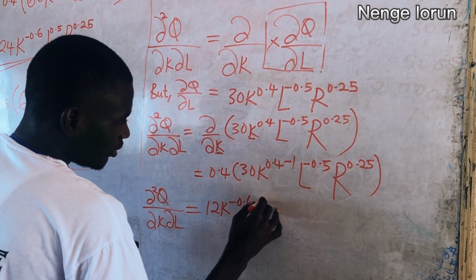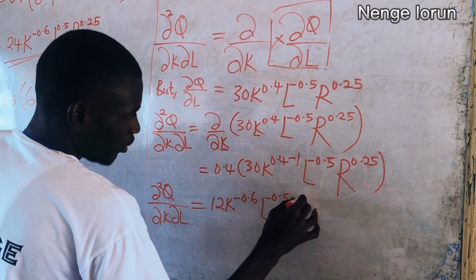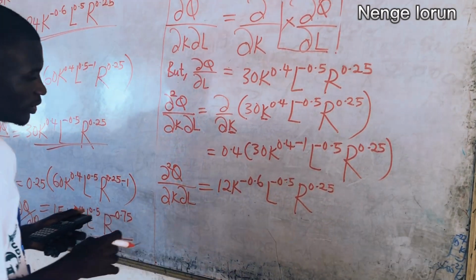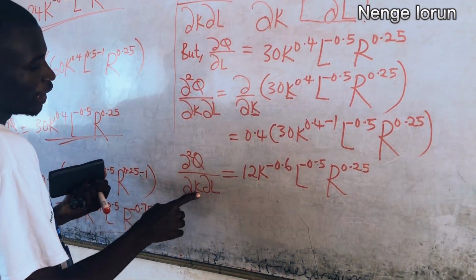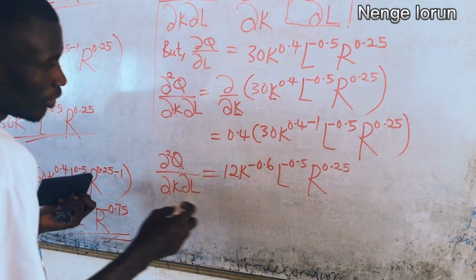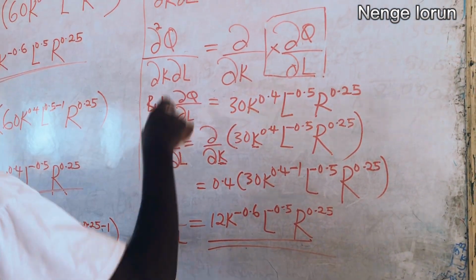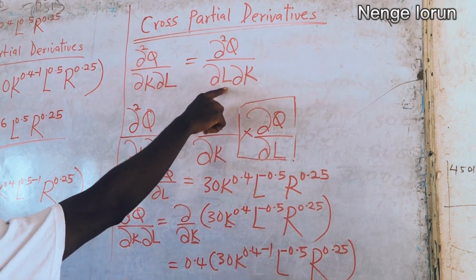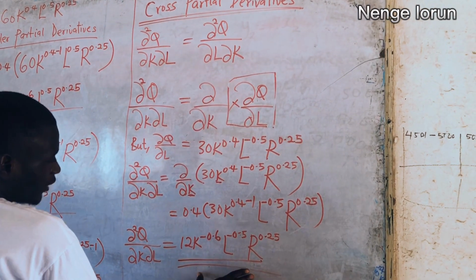Then L raised to the power of minus 0.5, R raised to the power of 0.25. So this is the second order cross partial derivative of Q with respect to K and L. So we are going to compute the second order cross partial derivative of Q with respect to L and K, and we are supposed to get the same value.